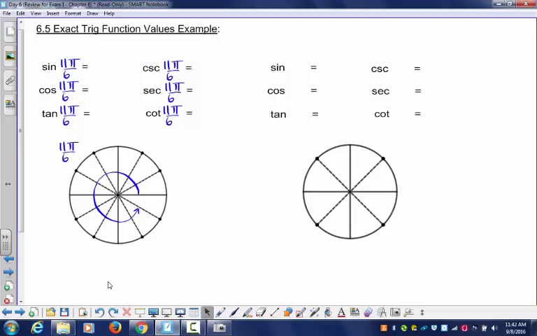And it also helps you to get the 1/2 and the square root of 3 over 2, or whatever the coordinates are. It helps you put those in the right place. In order for us to proceed, we need to know the coordinates of that terminal point. We definitely need to be able to identify the coordinates of the terminal point.